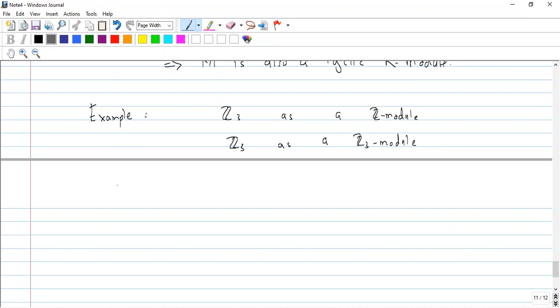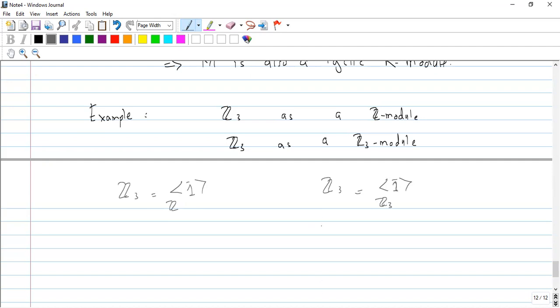So Z3 would be generated with the help of 1 in Z. So this means it has a generating set; in fact, that generating set contains only a single element. And Z3 could also be generated with the help of 1 bar in Z3.